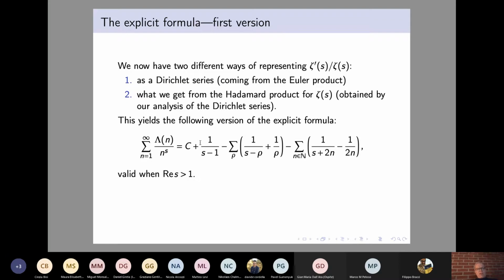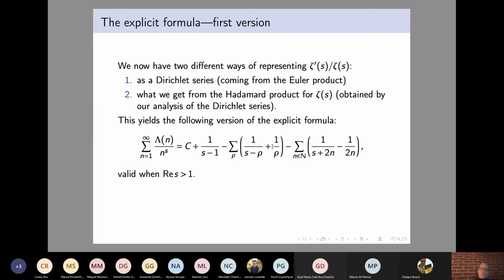Then we have what comes from the pole of zeta, 1 over s minus 1. Then we have a term which comes from the non-trivial zeros of zeta. Rho is a non-trivial zero of zeta, zeros in the critical strip. And then we have a term which corresponds to the trivial zeros. These are the zeros that come from the gamma factor.